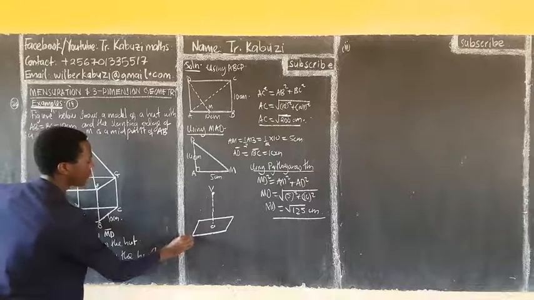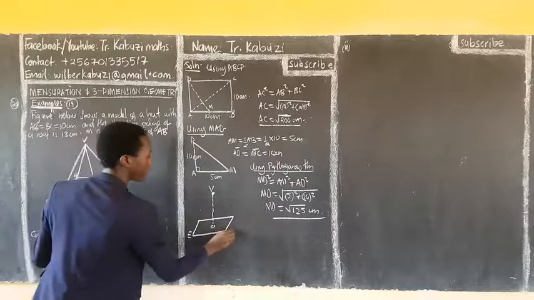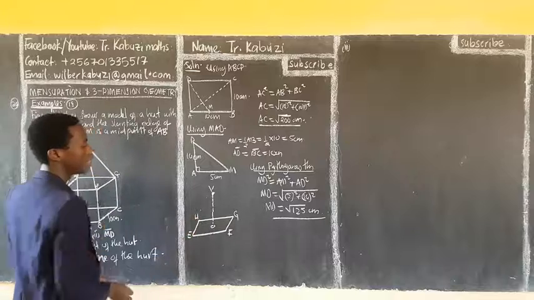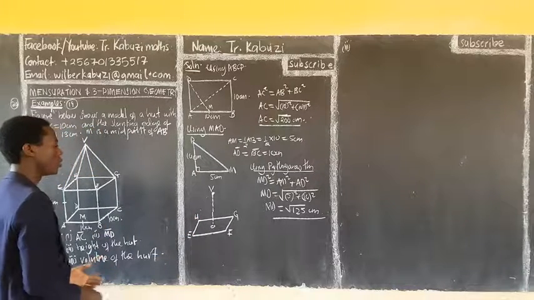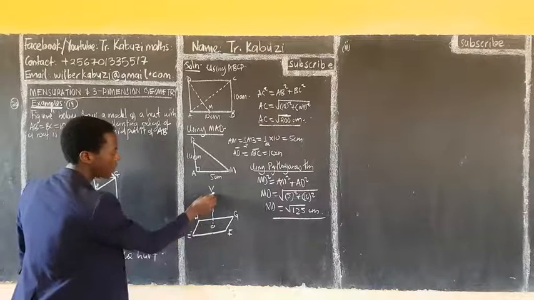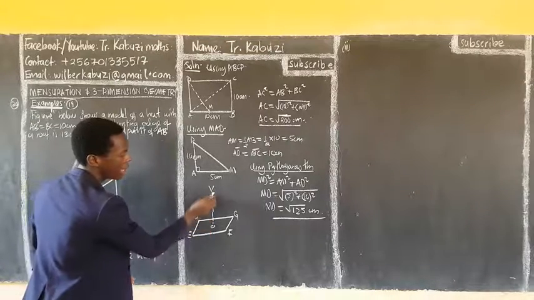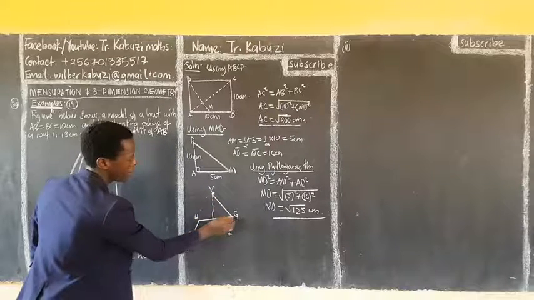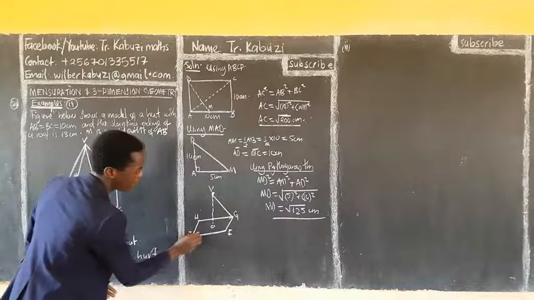This is E, this is F, G, then H. Now what do I need to get this? What am I going to use? I can use this one here, from here up to here. And then we know that from here it's going to be the diagonal.